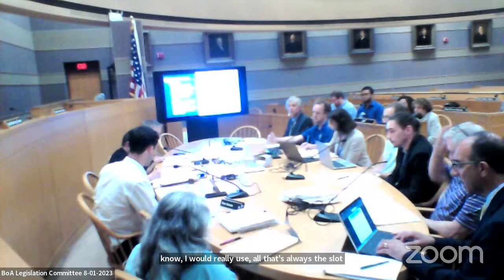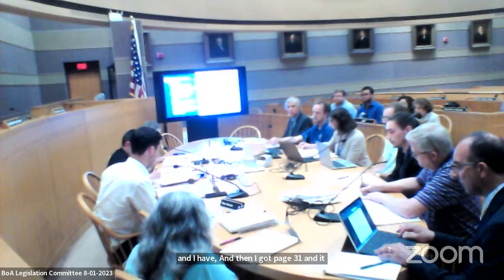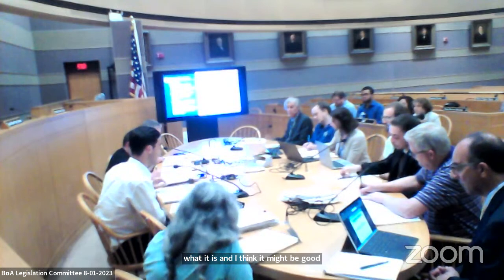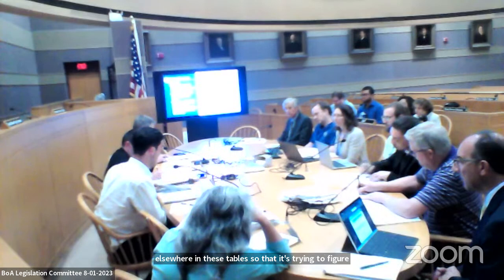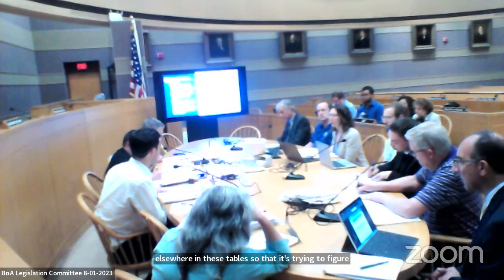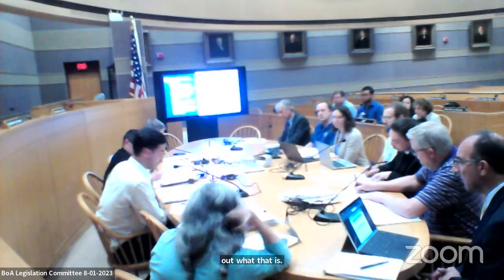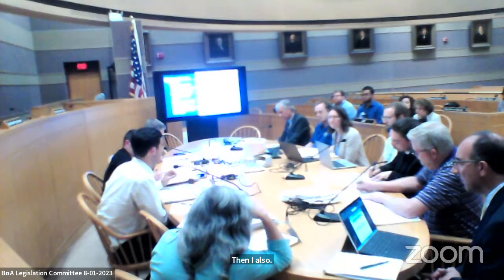Then I got to page 31 and it explains what it is. I think it might be good to put it elsewhere in the use table so that if someone was trying to figure out what that is, it would be easier to find. Just a thought.